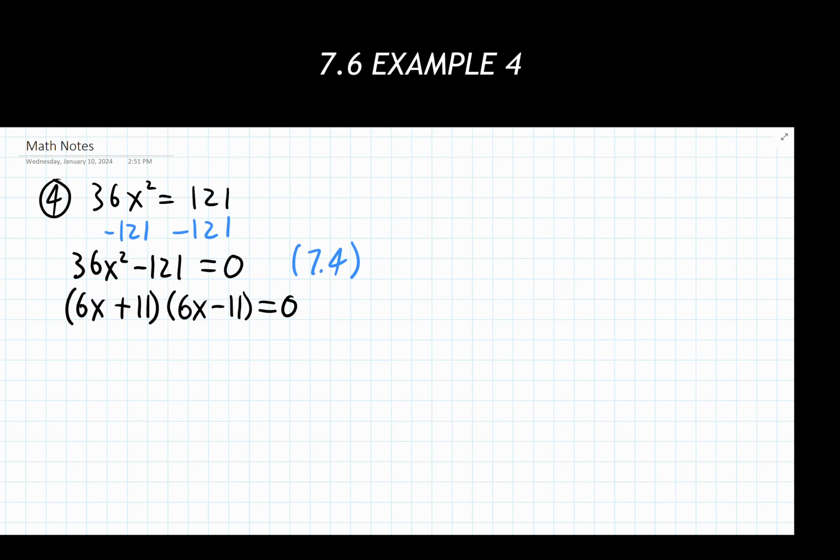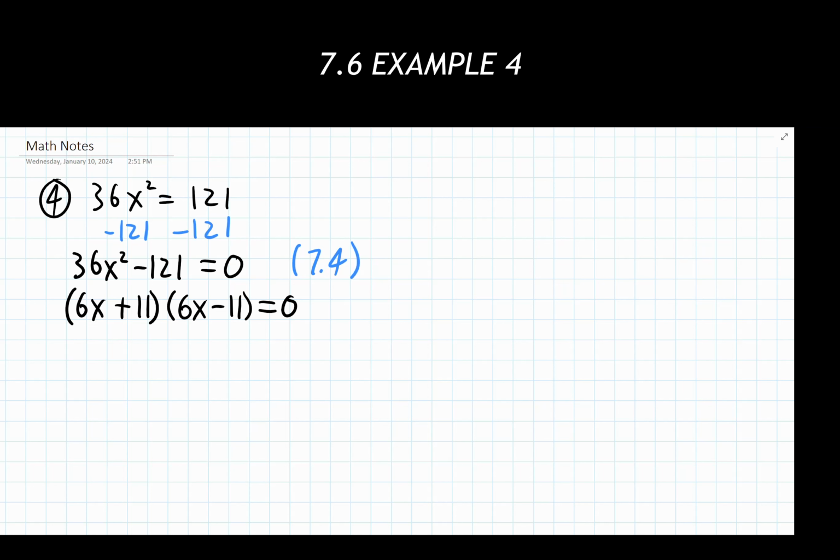With each of these, it doesn't matter if you do the positive one first or second. It doesn't matter if the negative one is first or second. As long as one of them is positive, one of them is a negative. It's always going to have this pattern showing up here. So, step 2, done. Fully factored this thing.